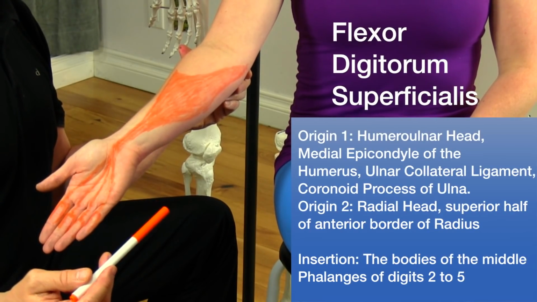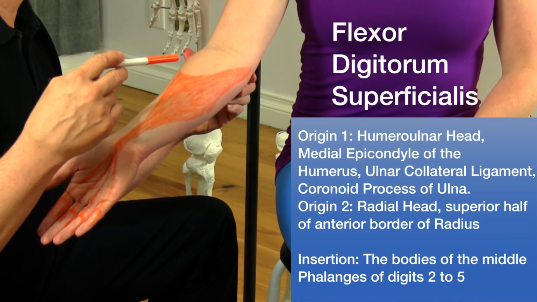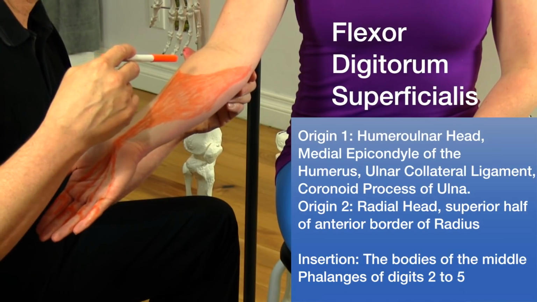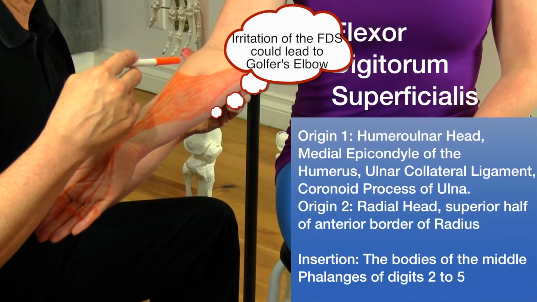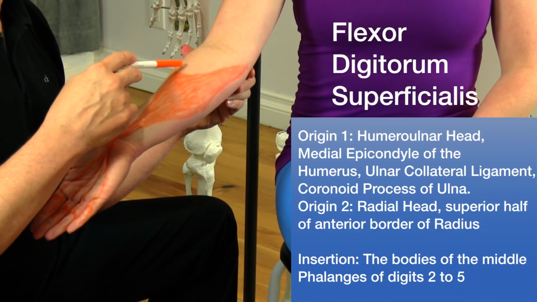The next muscle we're going to discuss is the flexor digitorum superficialis. This muscle has 2 heads. One originates from the common flexor origin and the coronoid process of the ulna, the other from the anterior surface of the radius.